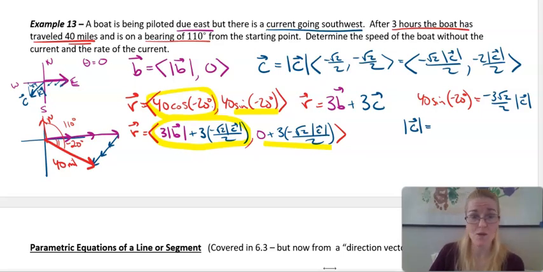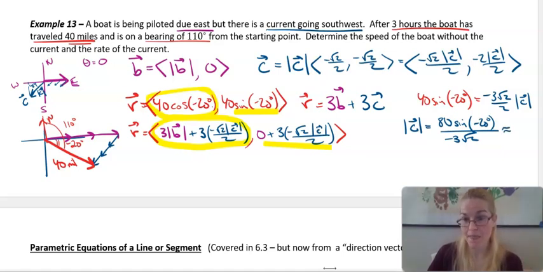So if I multiply both sides by 2, that's going to give me 80 times sine of negative 20 degrees, all divided by negative 3 square root of 2. And that, when you punch that into your calculator, is going to give you approximately 6.5 miles per hour. So that is the speed of the current.